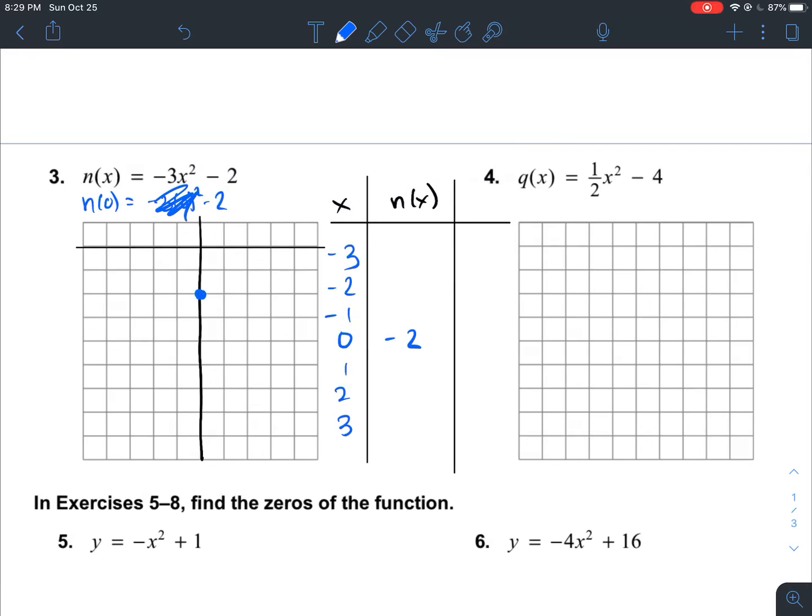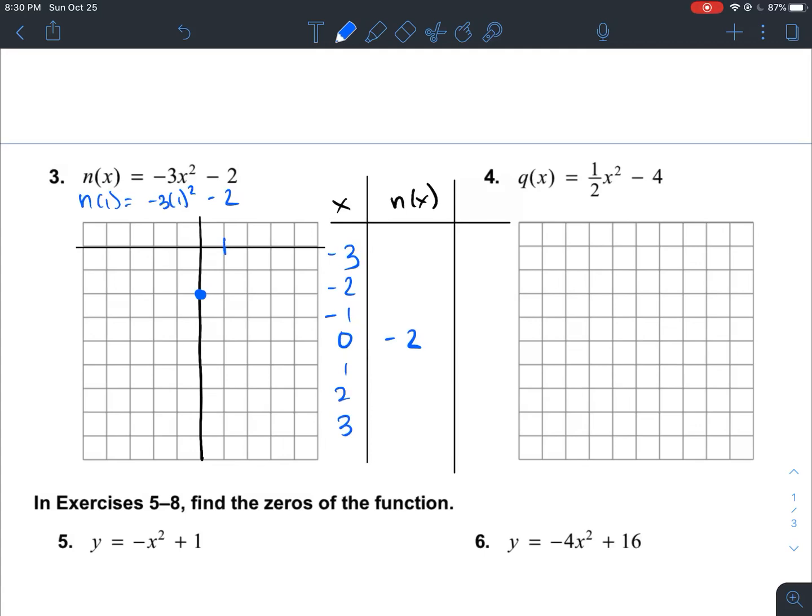Okay, so if we plug 1 into the function, so n of 1, we get -3 times 1 squared minus 2. So -3 times 1 squared will be -3, and then minus 2, so that's going to be -5. So when it's 1, it's going to be -5.